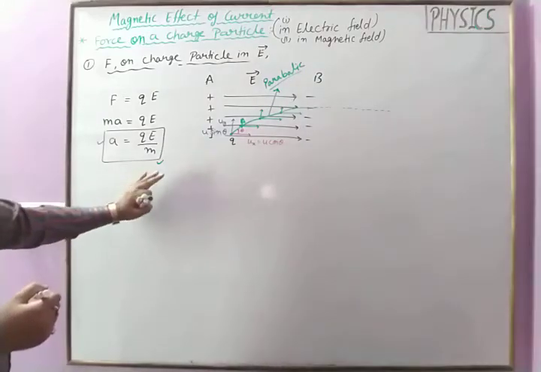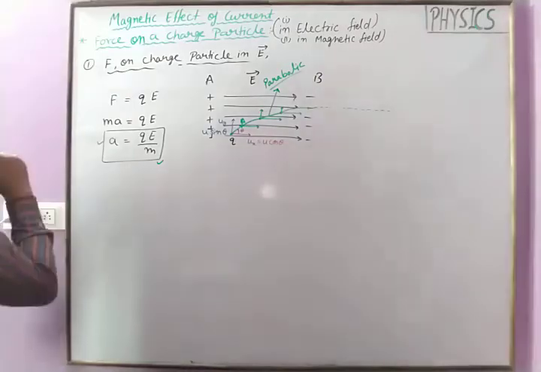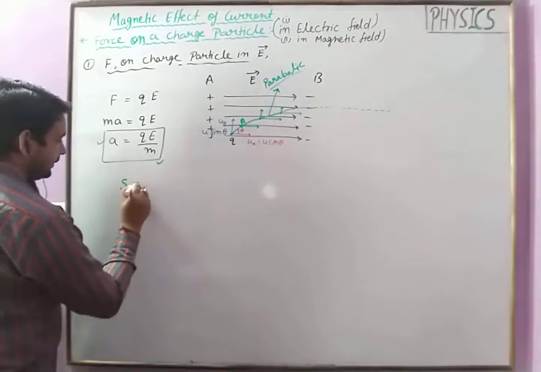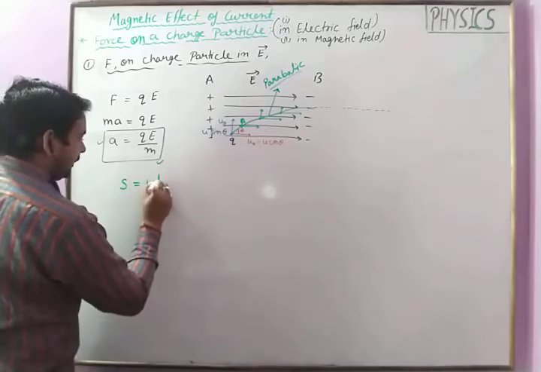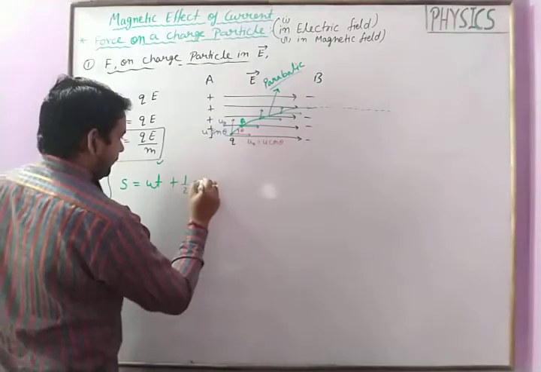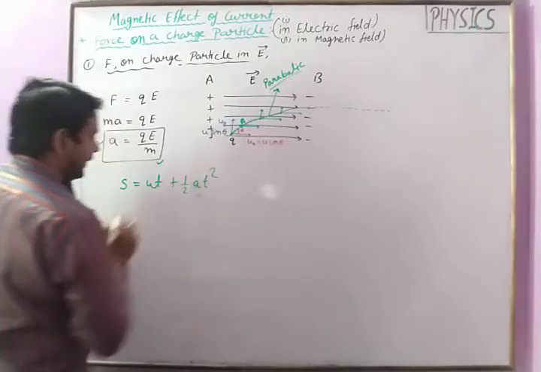If we want to describe the equation of this path, then we use the second equation of motion, that is distance traveled is ut plus half at square.